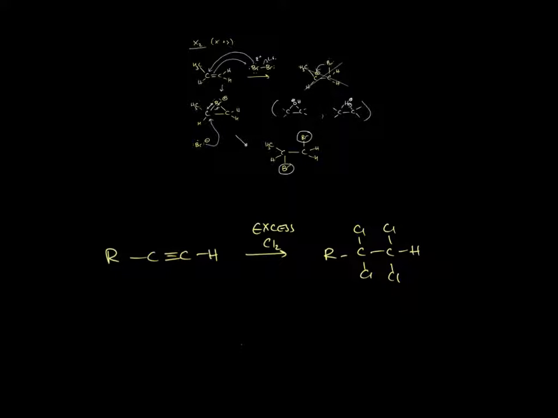One thing to be aware of is that in both of these cases, if you have a different nucleophile hanging around, it could possibly do this attack instead. So whenever we do this reaction, we have to be very careful with our solvent. We have to add a solvent that doesn't have any nucleophile.